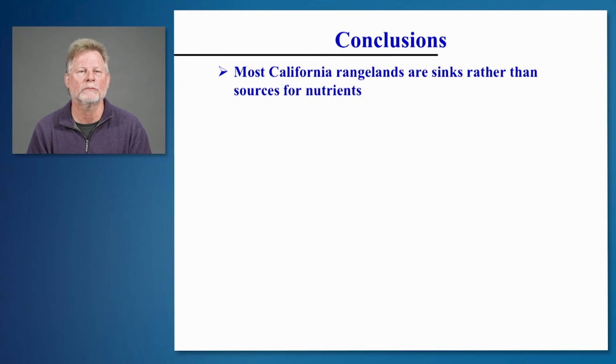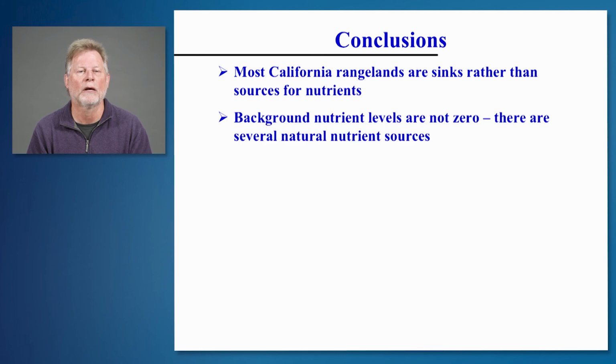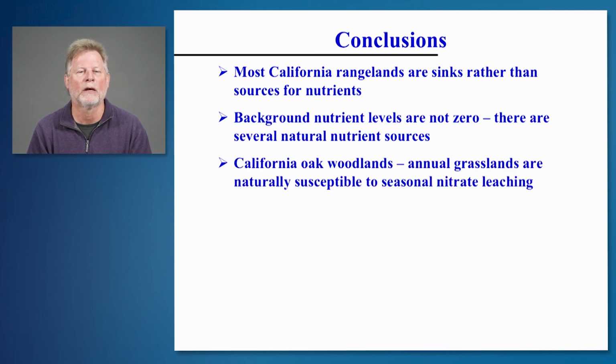So in conclusion, most California rangelands are sinks rather than sources for nutrients. Background concentrations of nutrients are not zero. There are several natural background sources that are contributing nutrients in the absence of human activities.